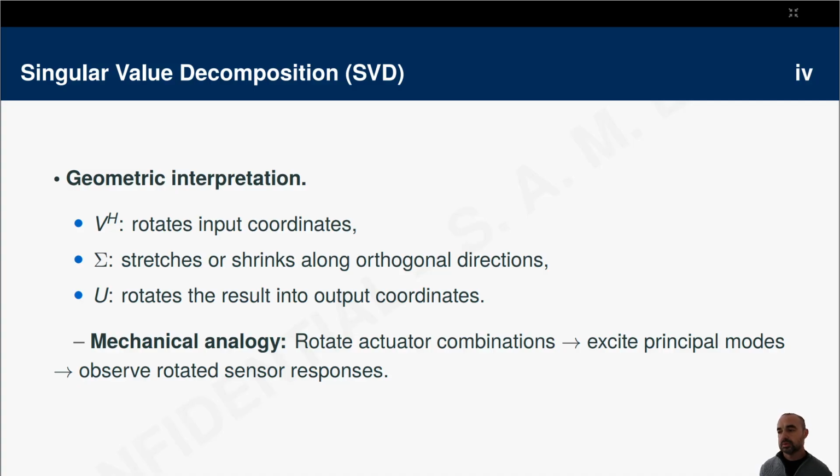V rotates input directions, and sigma stretches or shrinks along orthogonal directions, and then U rotates the results into output directions. Essentially, V is how you push the system, sigma is how the system responds and how much it responds, and U is how it shows up at sensors.